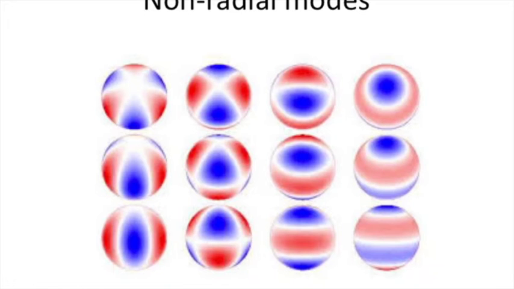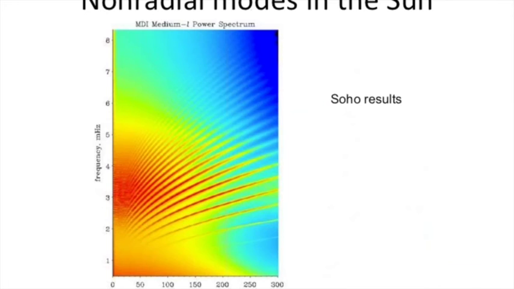So let's leave it for a pretty picture. Here's another pretty picture, showing the many, many non-radial modes excited in the Sun. Here you can see frequency versus an indicator of mode type along the bottom. Many, many modes excited.